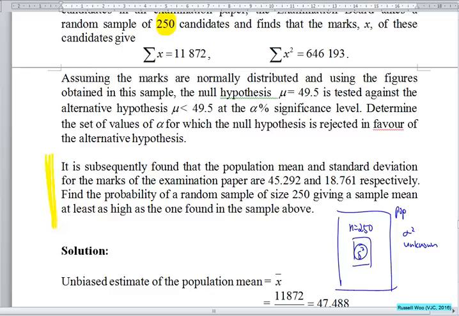It is subsequently found that the population mean, mu, is 45.292 and the standard deviation, sigma not sigma square, is 18.761. It's already given, no need to test anymore. Find the probability of a random sample of 250 giving a sample mean as high as the one found in the sample above.